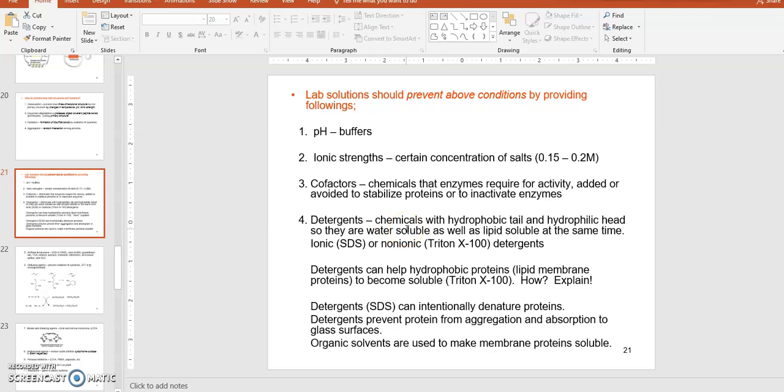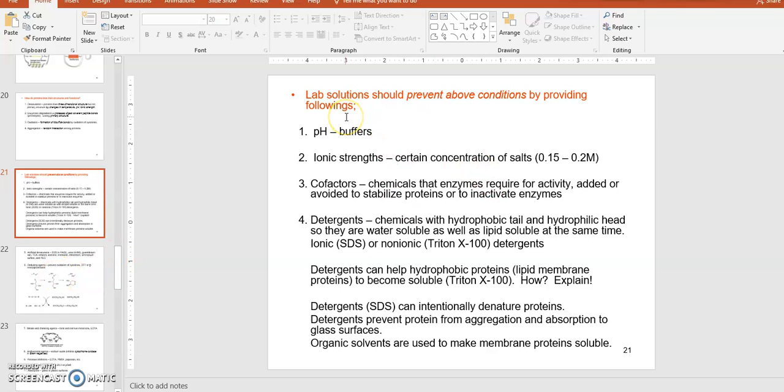So by providing that long hydrophobic tail, it can bind with your protein that is also hydrophobic through hydrophobic interaction. By wrapping your protein around, it will make it dissolved in the buffer that may be hydrophilic because it has that charged group. So detergent will protect your protein from degradation. Examples are SDS or Triton X-100.